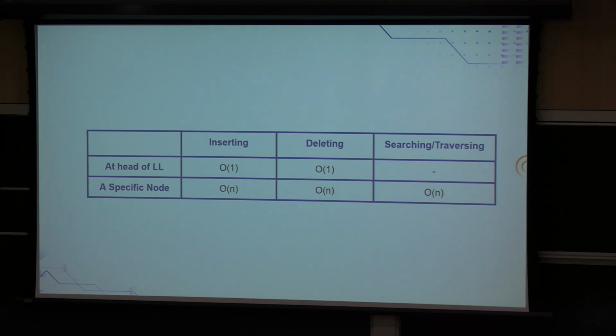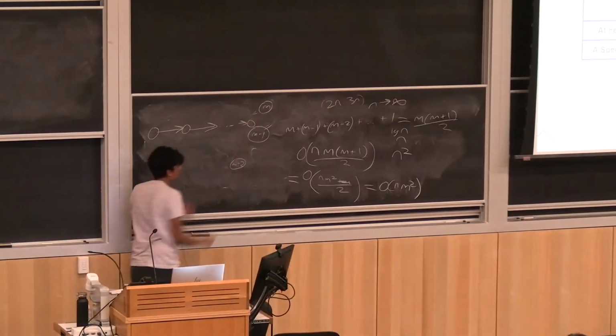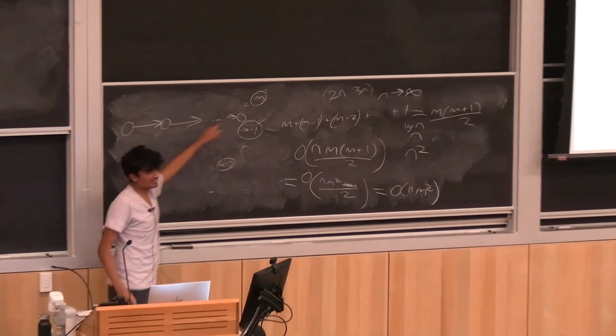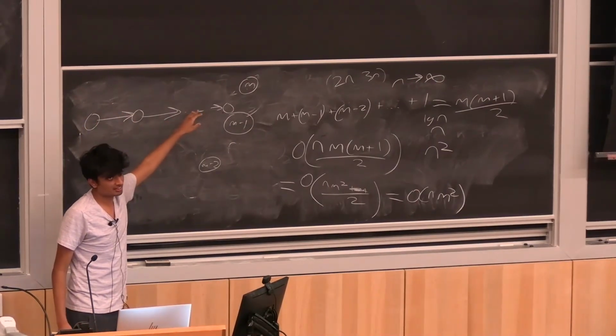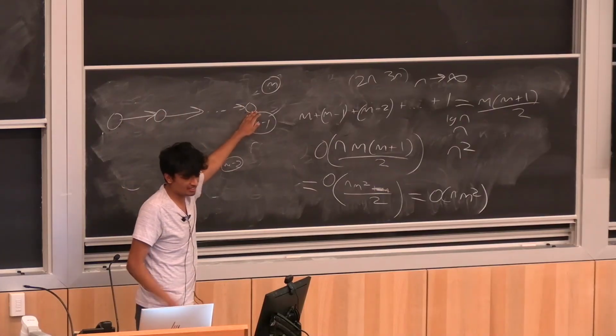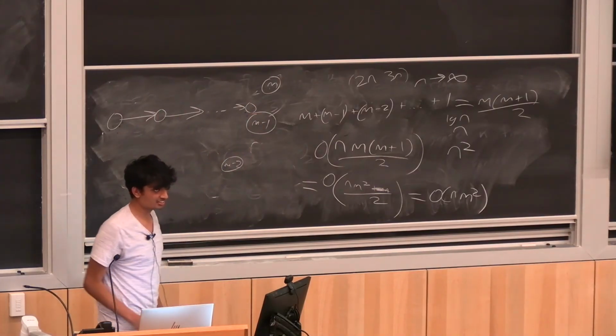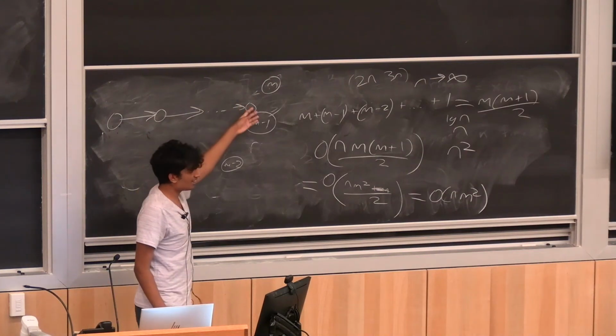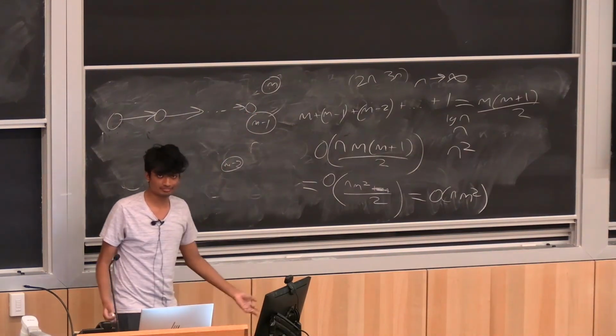We have to assume it reaches the last node. In that case, we traverse the entire list, where n is the size of the list. So the worst case is we traverse the entire list and we insert or delete. Same thing as searching and traversing. Reaching the last node is our worst case, so it will be O(n).